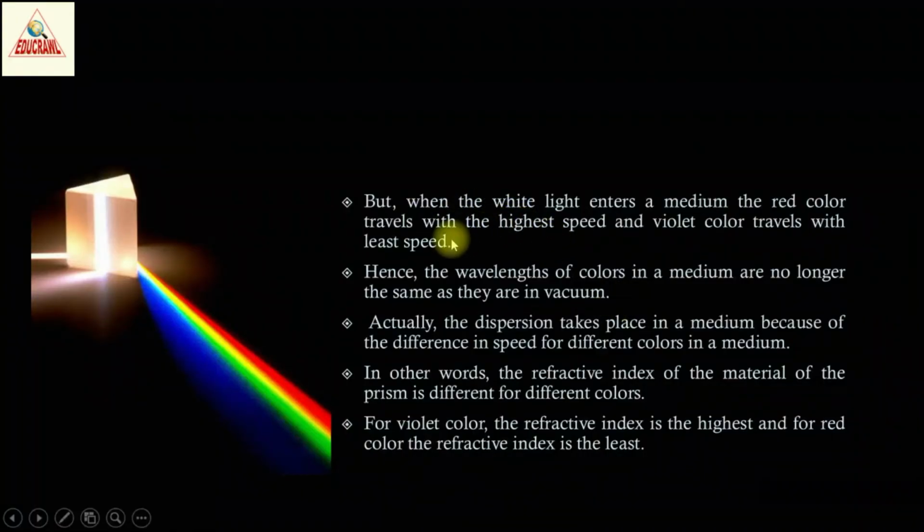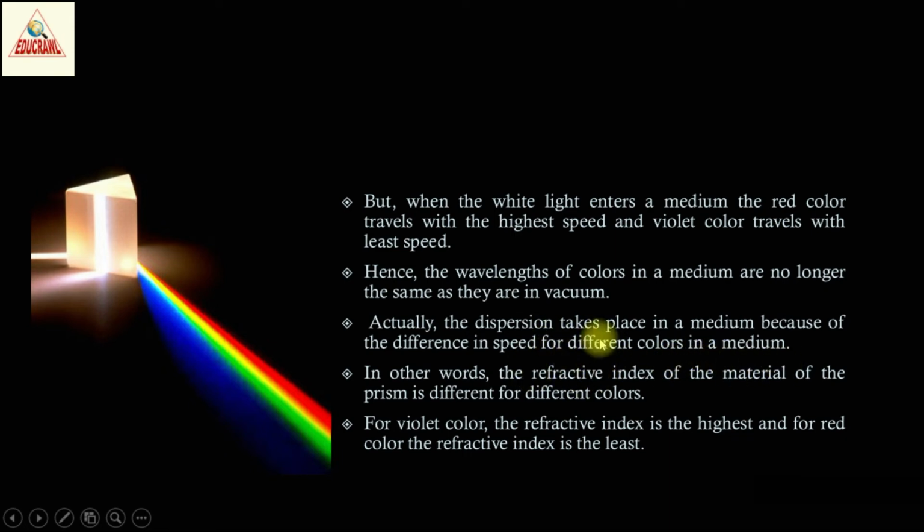How does this refraction take place? When white light enters the medium, the red color travels with the highest speed and the violet color travels with the least speed. Hence, the wavelengths of the colors in a medium are no longer the same as they are in vacuum. Actually, dispersion takes place in a medium because of the difference in speed for different colors in the medium.